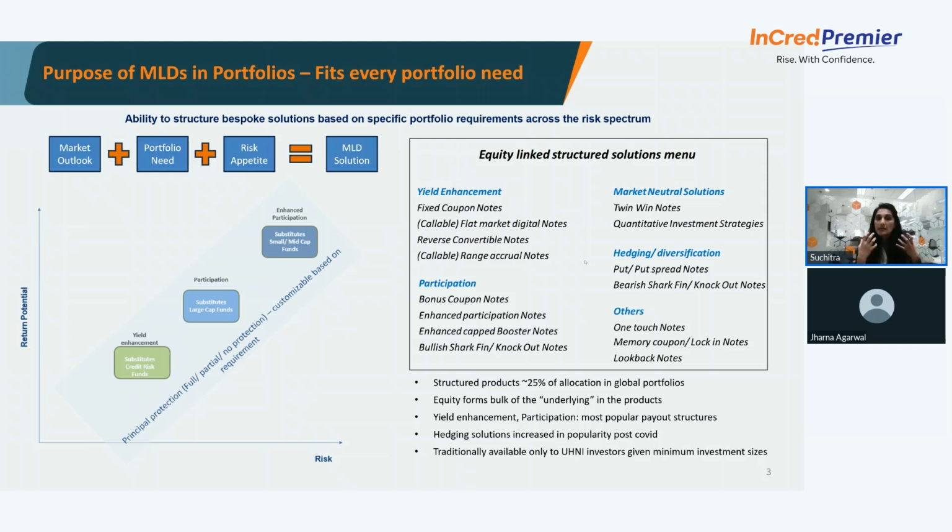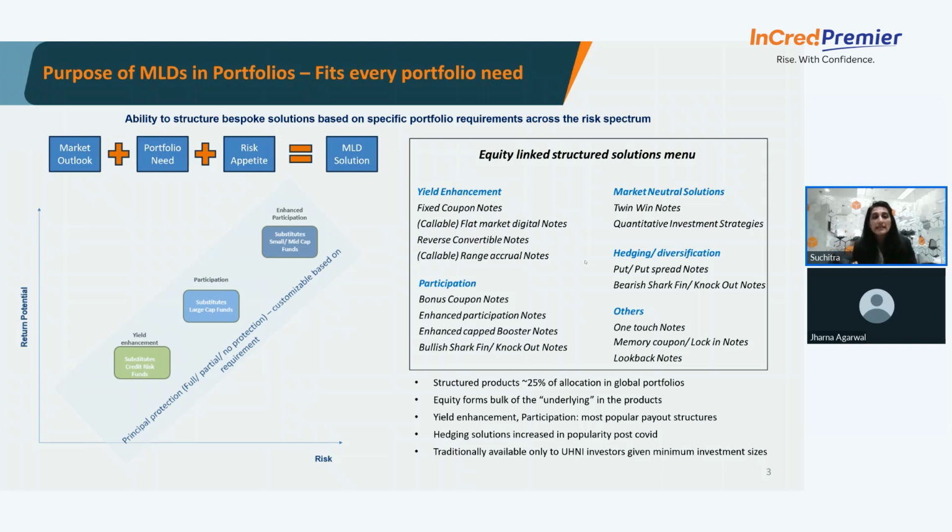Some observations that we have made, typically looking at global markets, is that structured products in global markets form around 25% of portfolio allocation. This is a significantly large number compared to what we see in the wealth portfolios here in India. We see very, very little. I would say 5% is also an exaggerated number.